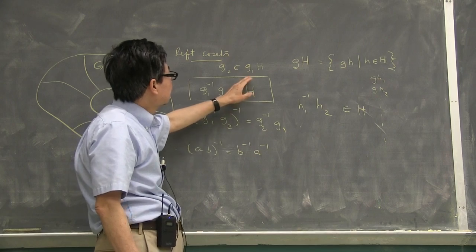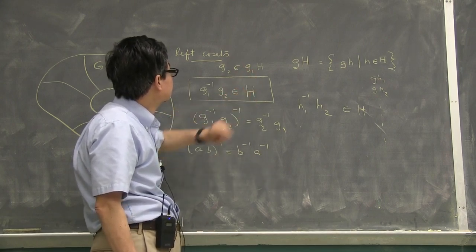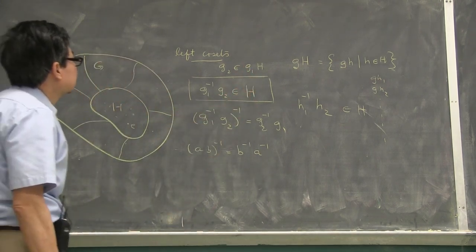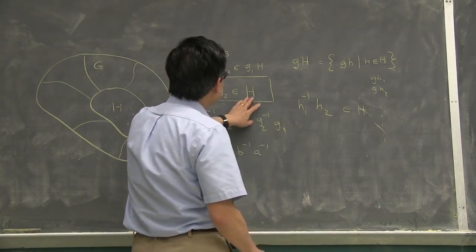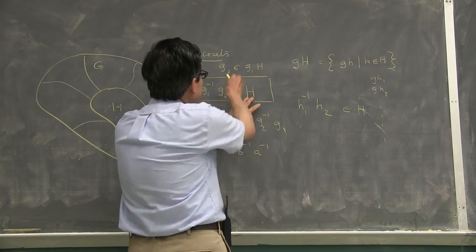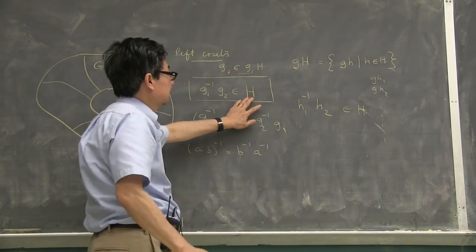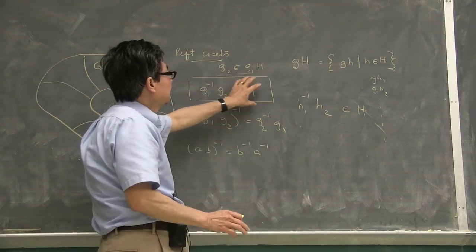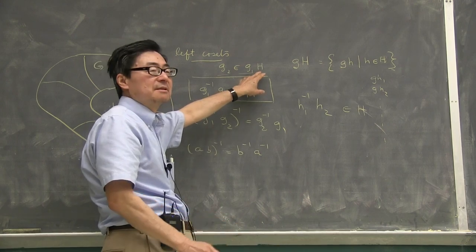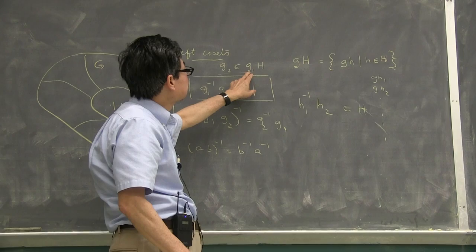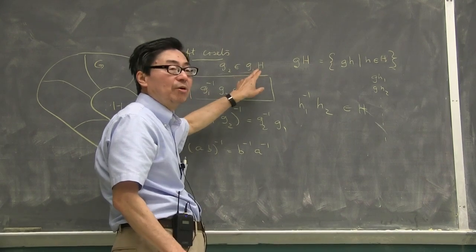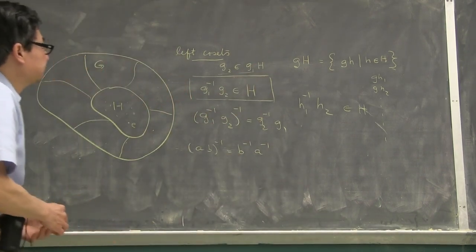And on the right-hand side, you multiply by g1 on the left, okay? So therefore, you get something like this. What G is, this letter means the whole group, and so this set means you take this particular g1 and multiply through by all elements inside H.